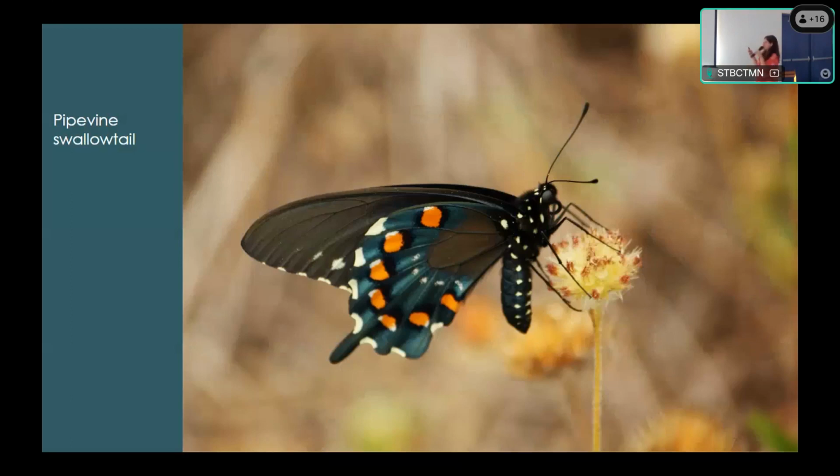This is a pipevine swallowtail. You might notice the significant increase in picture quality for this one picture. That's because every time that I was going out to Sal for field work, I noticed this really gorgeous wildflower patch along 281. And every time that Haley and I would pass by, I would say, I need to bring my camera next time so we could stop whenever we're done and photograph everything and collect seeds and just do all of that. And it took me forever, but I finally remembered to bring my camera.